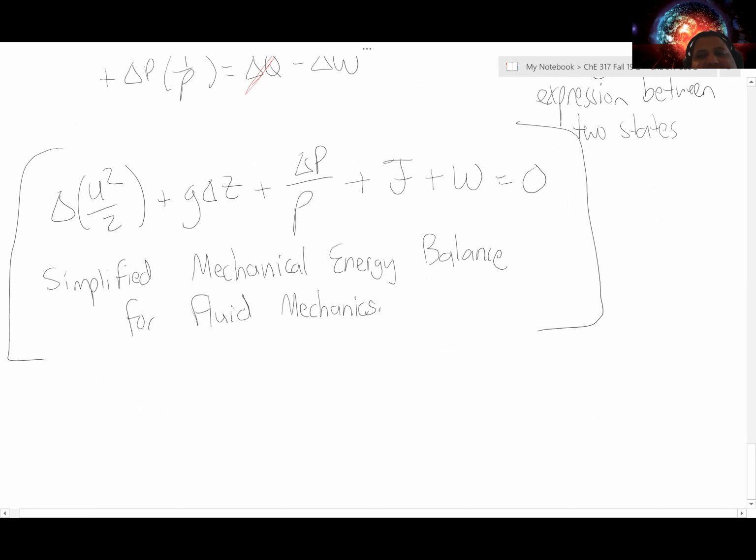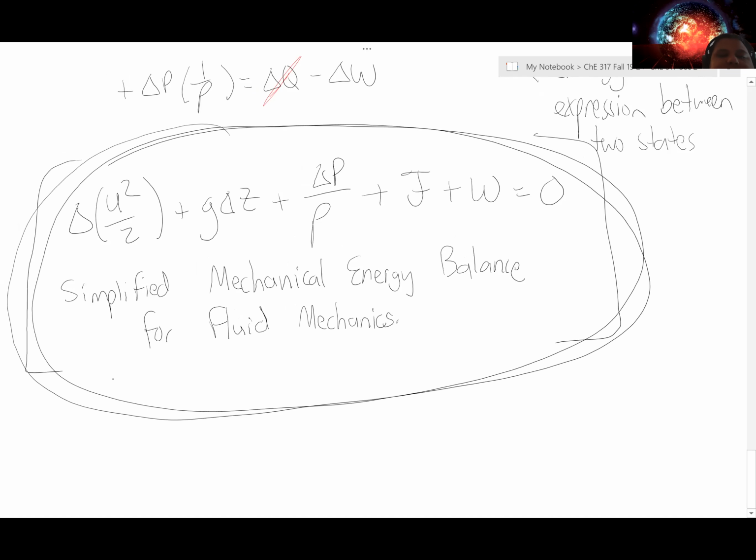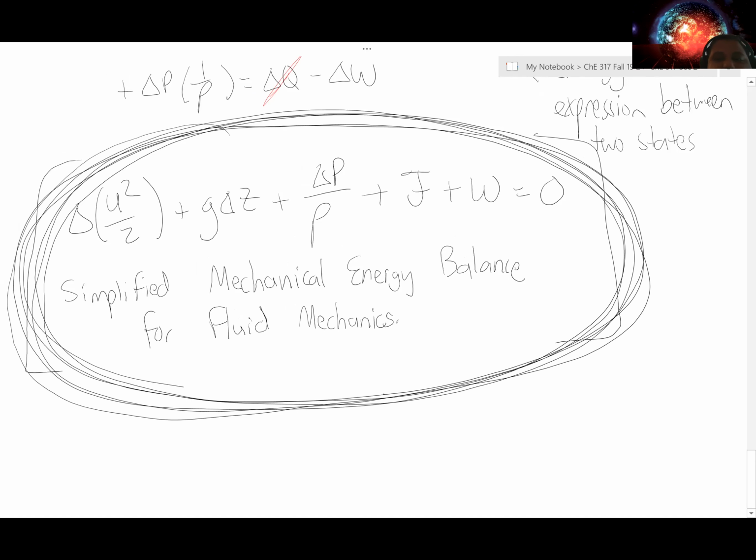I get rid of the delta for the W because work can be either positive or negative by a standard convention in terms of whether it's being done on or by the system. We'll define that here in a second. So definitely this is one for your equation sheets. I'm just going to make it known it's really important.